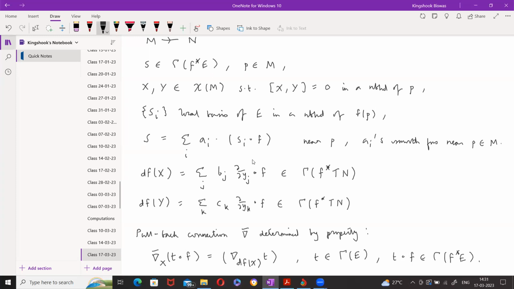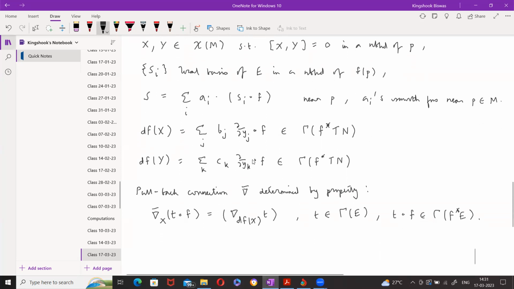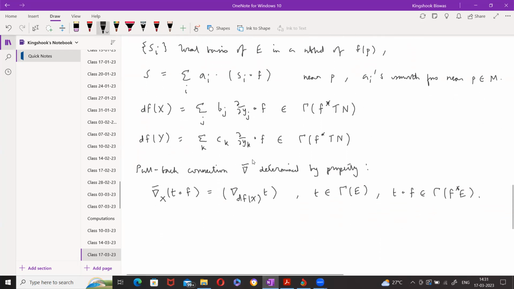So if you act by the pullback connection on a section of the pullback bundle which comes from composition of a section of E with f, then you look at the image tangent vector df of X. This is a tangent vector in N, and T is a section of the bundle E over N, so this tangent vector can act on this section T. Is this clear?